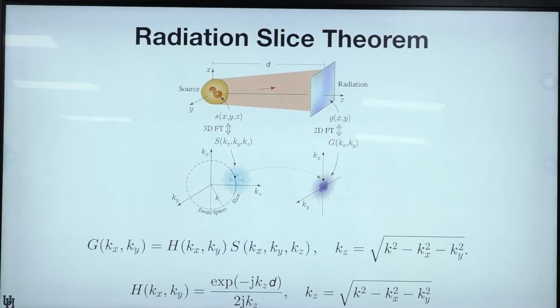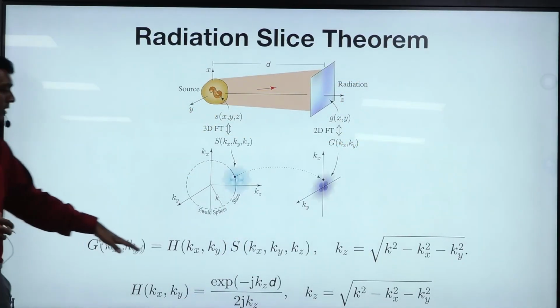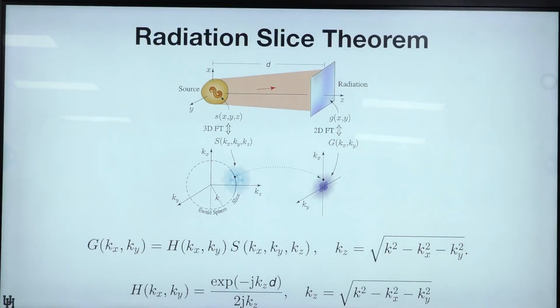So here is the mathematical expression for the radiation slice theorem. You take the data and its two-dimensional Fourier transform, and take the three-dimensional object, a bunch of sources. This is the three-dimensional Fourier transform of the source. You multiply it by a filtering kernel, and that is equal to the Fourier transform of your data.